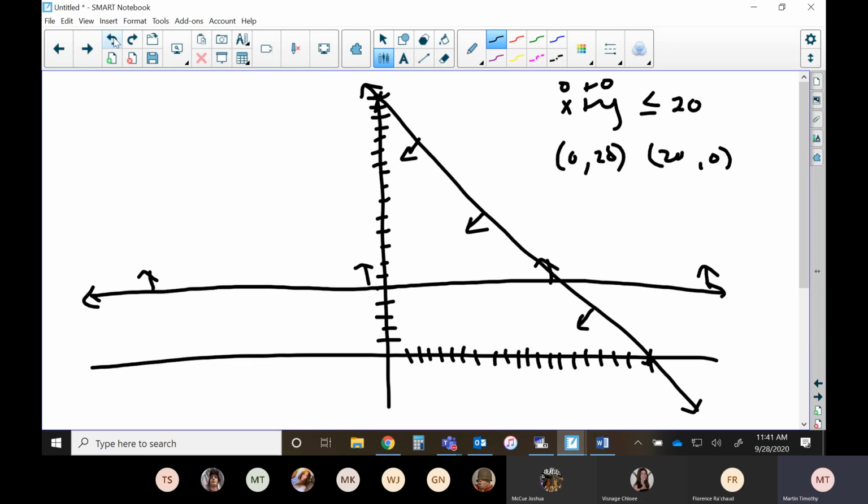Then finally, the last one was what? 20x plus 10y greater than or equal to 200. All right, so for this one, again, I'm going to plug in 0 for x. The 20x goes away. 10 times what is 200? 20.